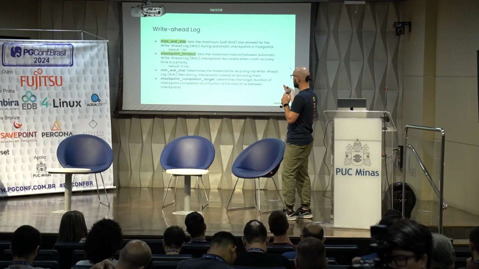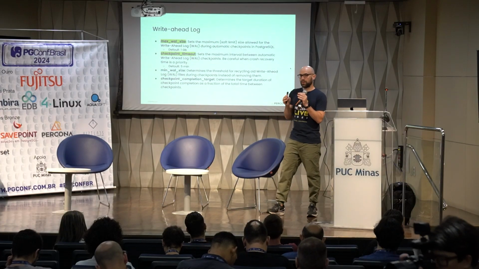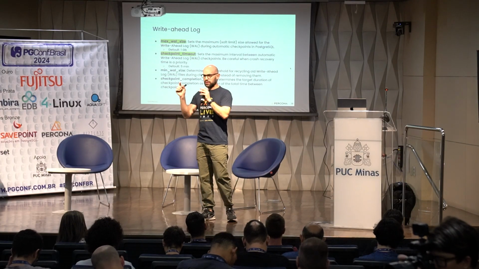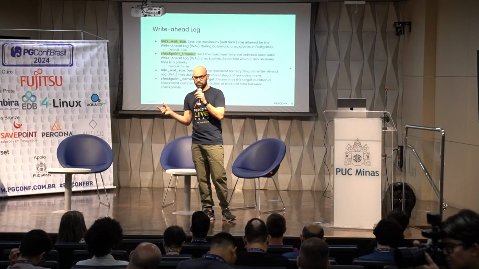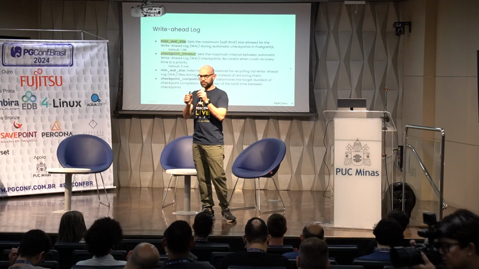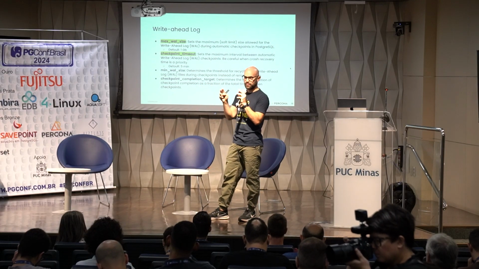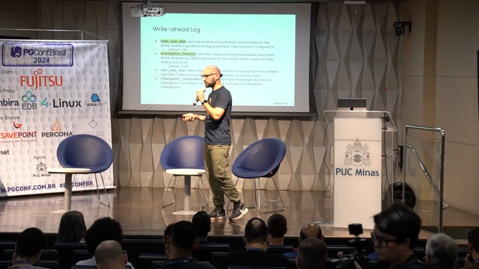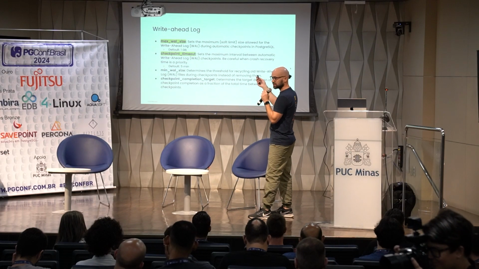So the write-ahead log, as you know, when we write to a database, we want to avoid doing random I/O, right? Because that's more expensive than doing sequential I/O. So for that, we have, let's say, a man in the middle called the write-ahead log. You may also know it by other names, but in Postgres it's the WAL log.